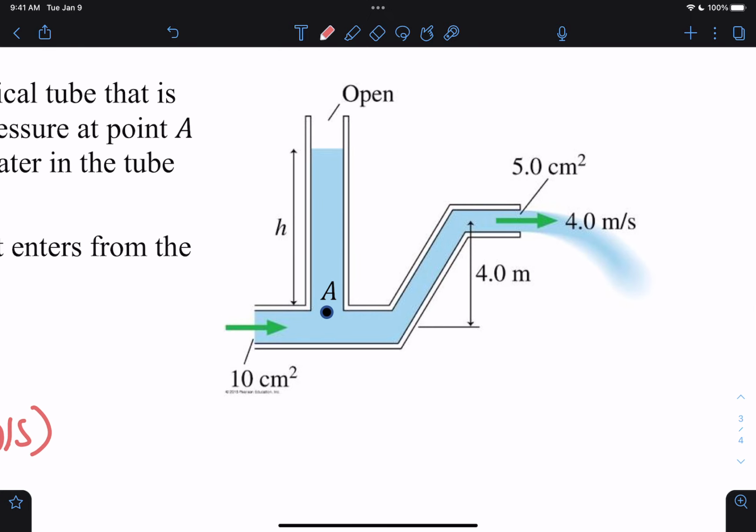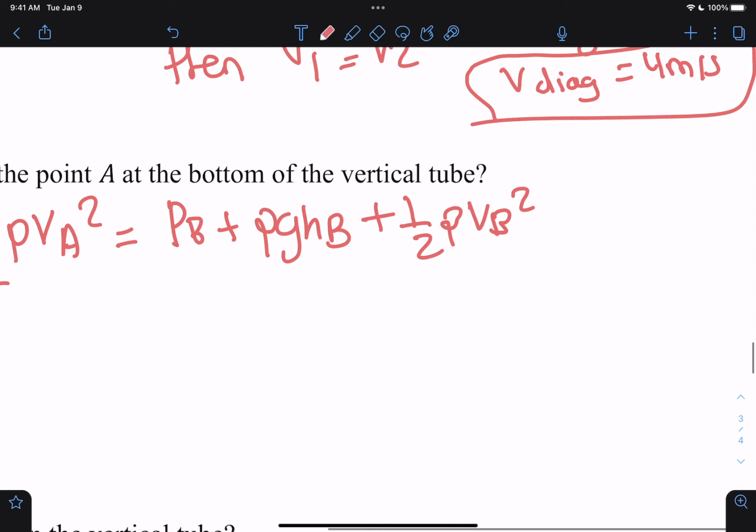Well, we have point A that we're trying to figure out. We know the height at point A is 0 because it's at the bottom, but we also have this ending point right here, which has a height of 4 meters. That diagonal tube from here to here is basically 4 meters, so the height at the top of the diagonal tube is 4 meters, right?